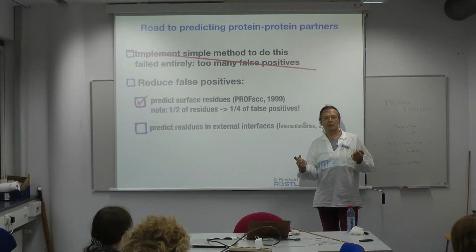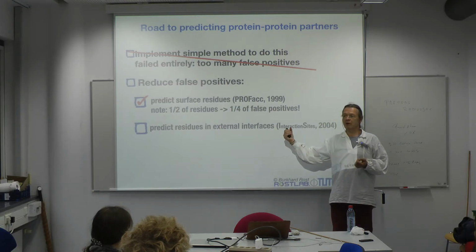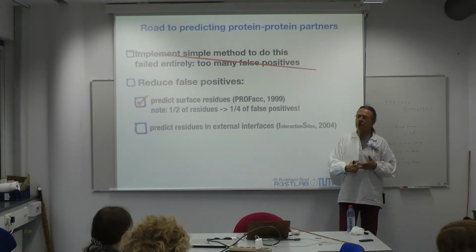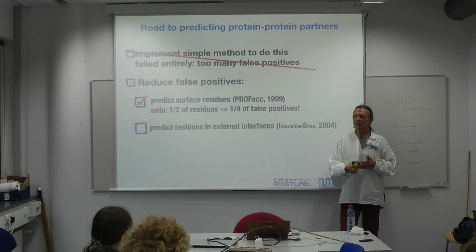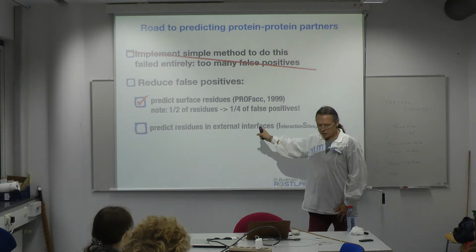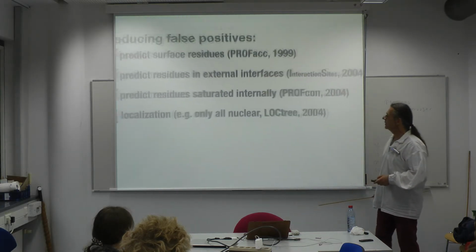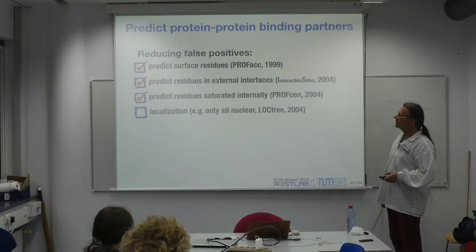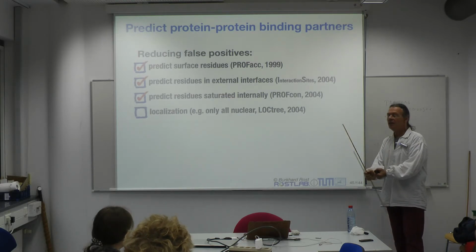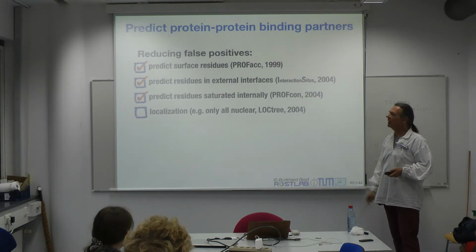And I would throw away a lot of the false positives. Every single time I throw away false positives, I also throw away some true positives. But most of what I throw away are false positives. And I will talk today mostly about this point, but let's just continue on the slide here. The next one would be to predict residues that are saturated internally. That is the flip side of that coin.